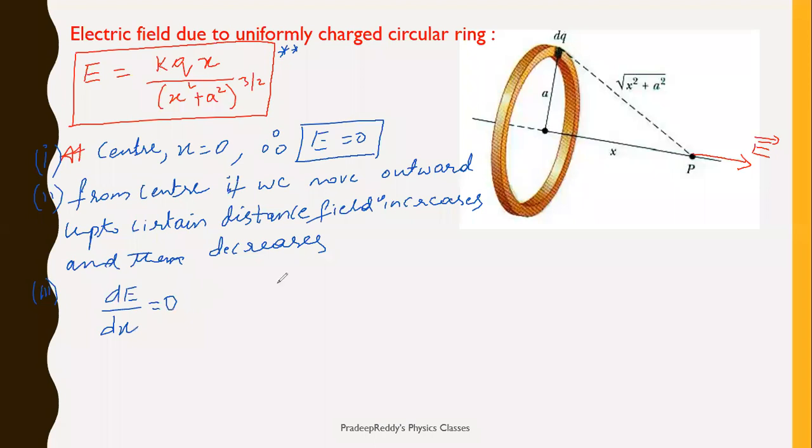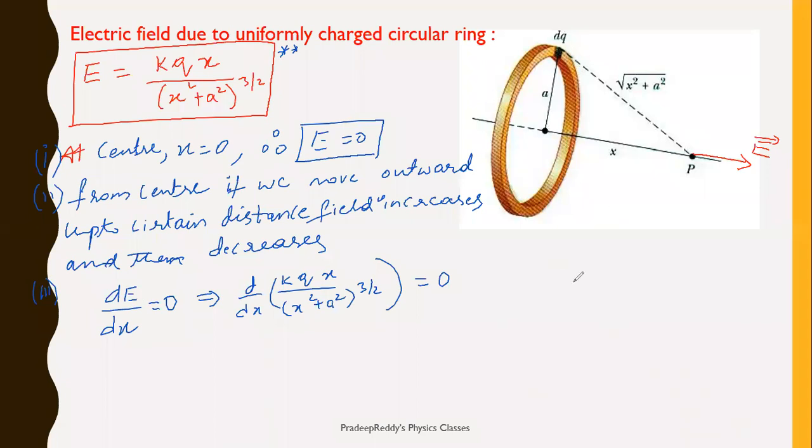This gives you d by dx of E, where E is k q x divided by x square plus a square whole power 3 by 2, and this total should be equated to 0. Because E is the field, I am substituting that field value here. As we go outward from the center, the field increases up to a certain value, and when it is about to decrease, at that point the slope should tend to be 0.